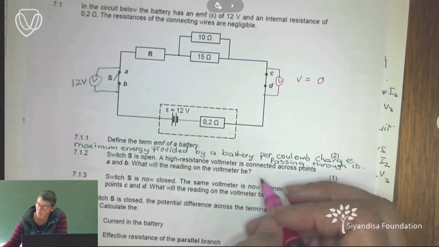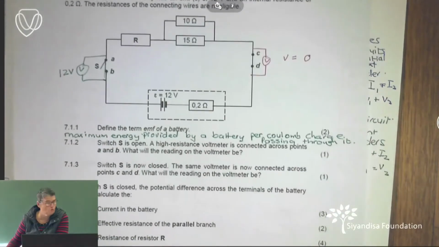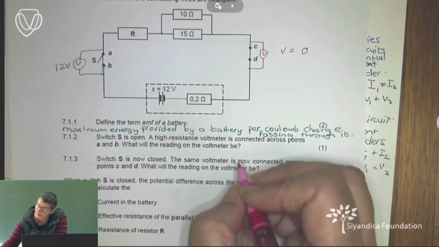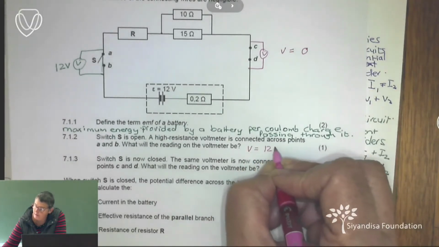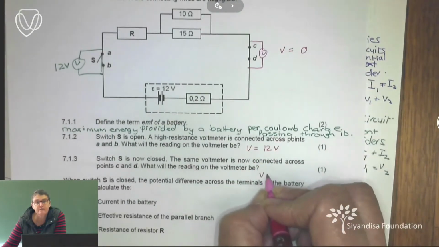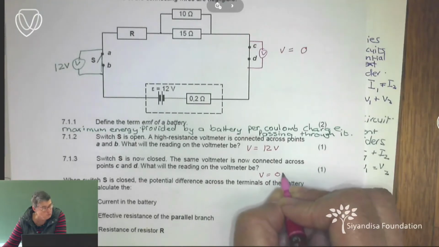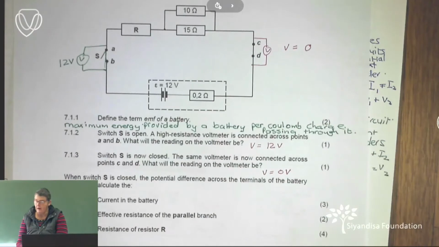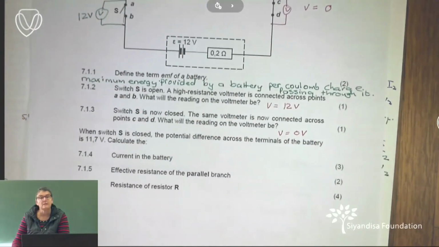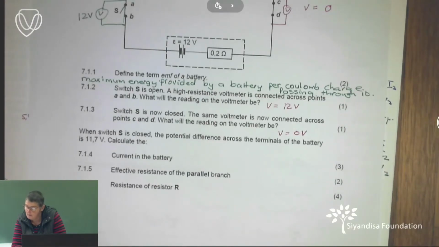Okay, so question 7.1.2 would have then been that the voltmeter reading will be equal to 12 volts, and in this case the voltmeter reading is going to be equal to 0 or 0 volts. Okay, now when switch S is closed, the potential difference across the terminals of the battery now becomes 11.7.